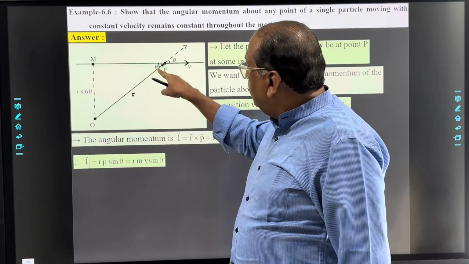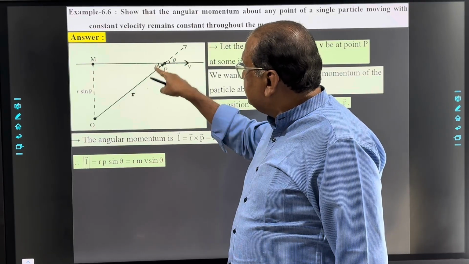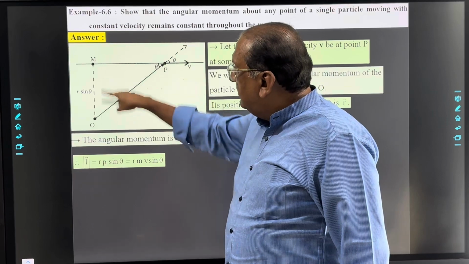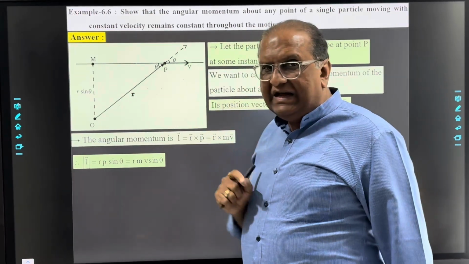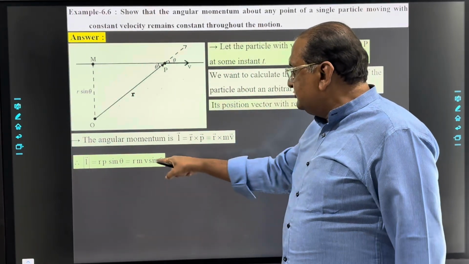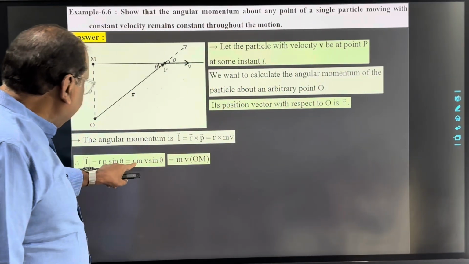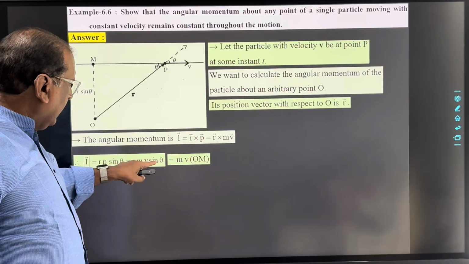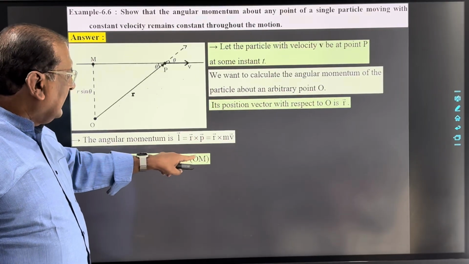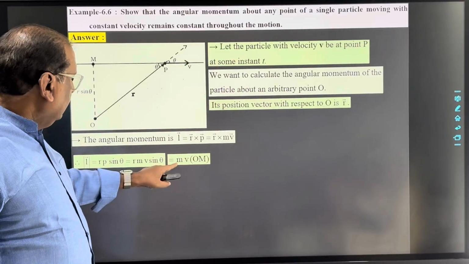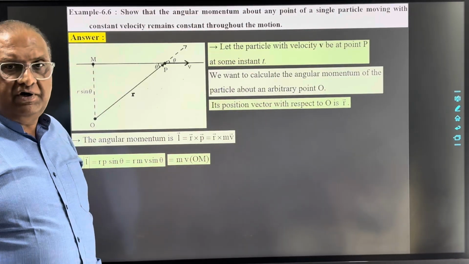From the figure, if this angle is theta and the magnitude of OP is R, then OM is equal to R sine theta. So in this equation we can write m v into R sine theta, but that R sine theta is equal to OM.